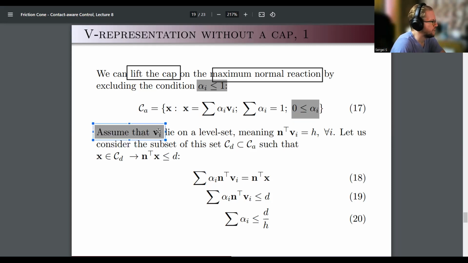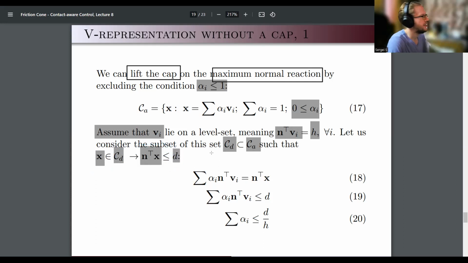So assume that V sub i lies on the level set, meaning that the dot product of n with V sub i is equal to h for any i. So we can consider a subset C sub d of this cone, C sub i, such that if x is in C sub d, it means that the dot product n x is less than or equal to d. So it is below level set d.